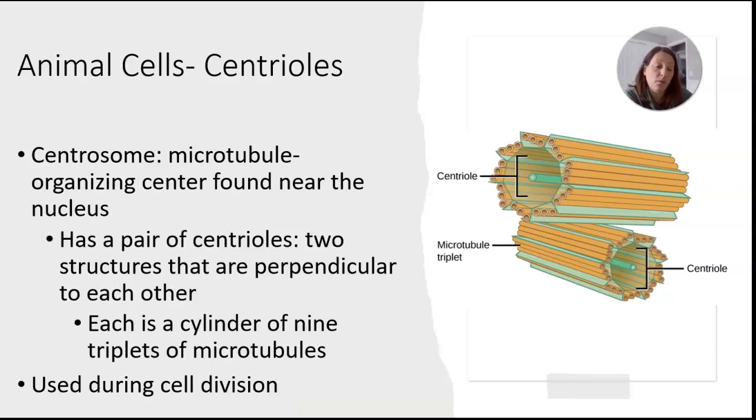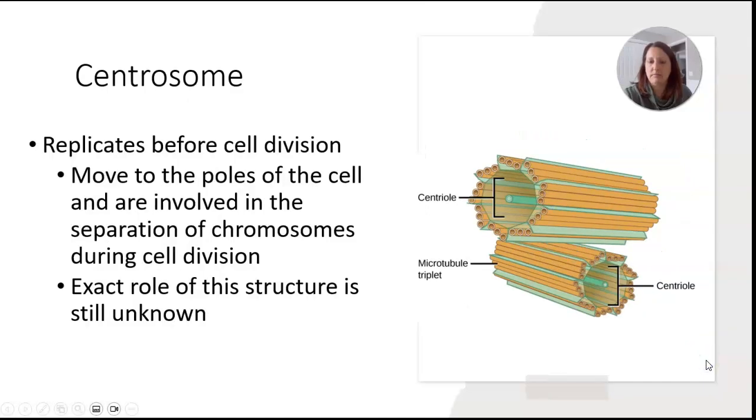And although we believe that the role of this is to organize microtubules, plant cells don't have these, and yet their microtubules are still organized. So the jury's still out and research is still being done on the exact function of these. Okay, but again, you'll see them again. Okay. Oh, yeah, so here's a little bit more.